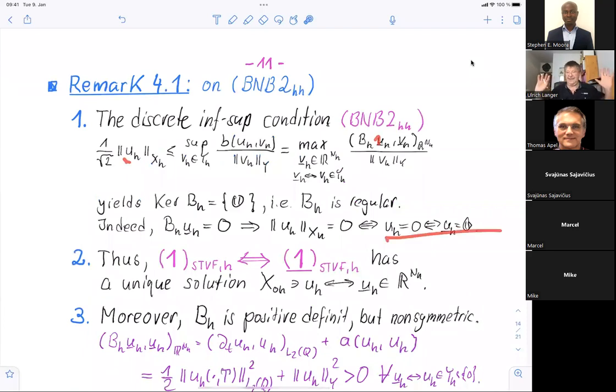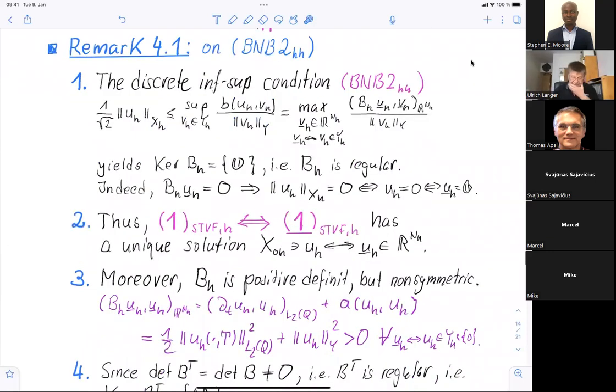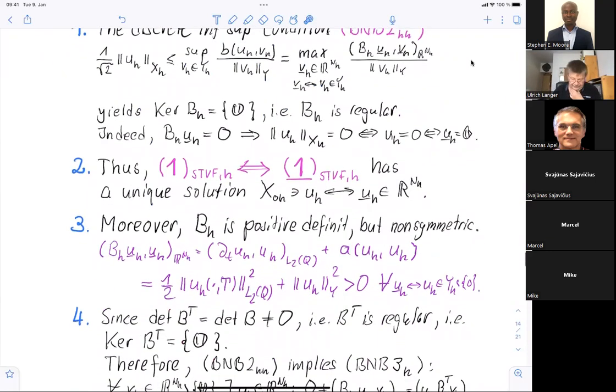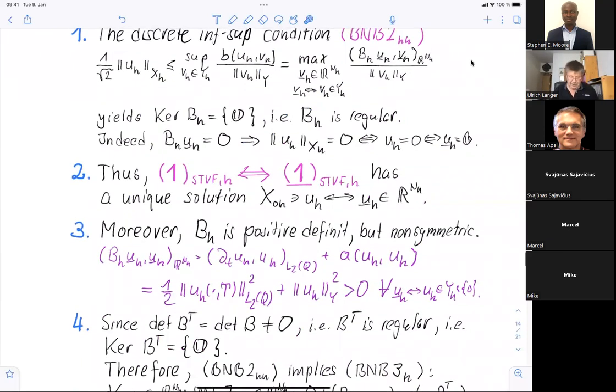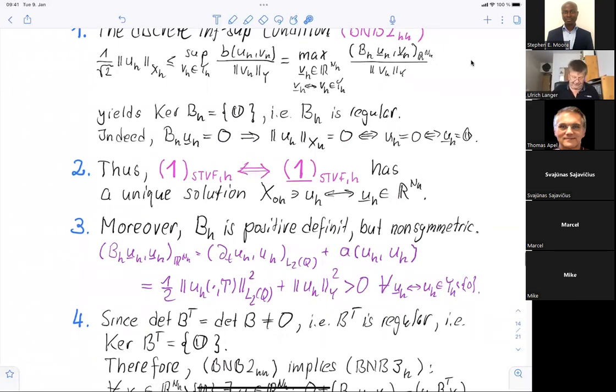So the matrix is regular. So you have existence and uniqueness, what I have here. So we have a unique solution. Moreover, we see that b(u_h, u_h) is positive if u_h is not 0. So the matrix is positive definite, by the way.